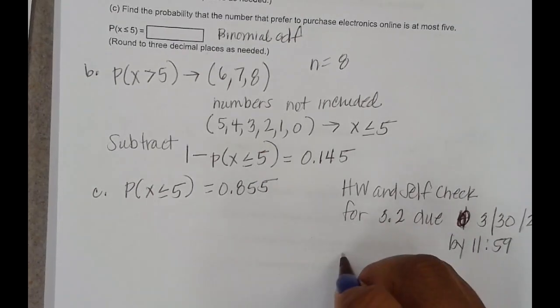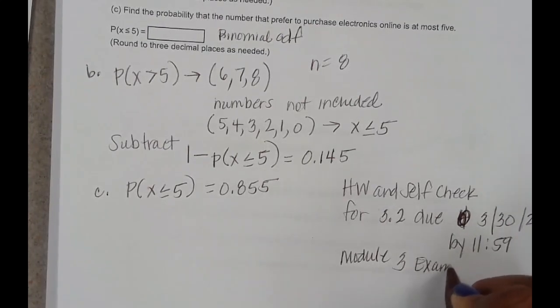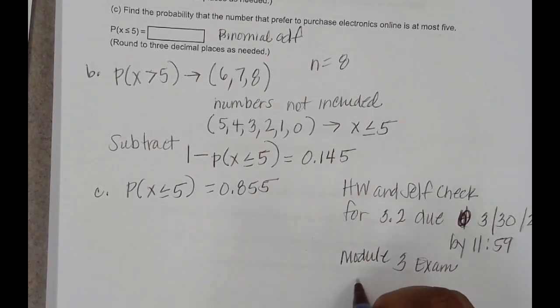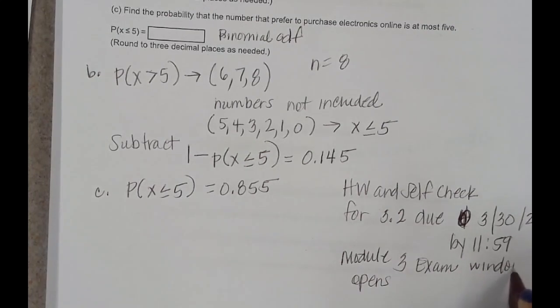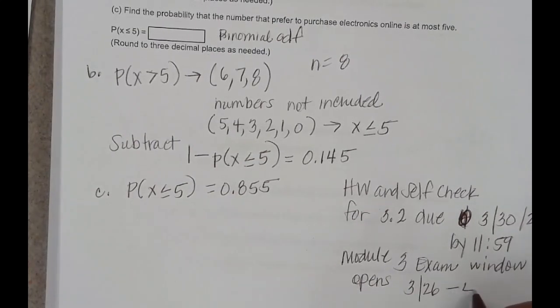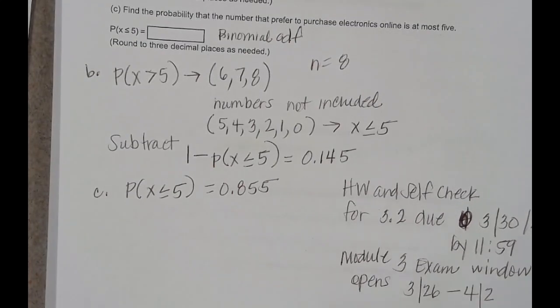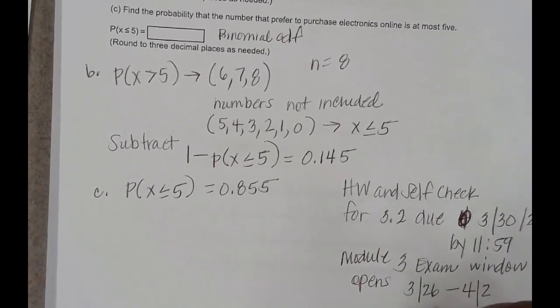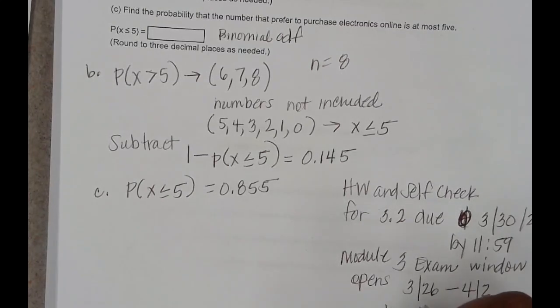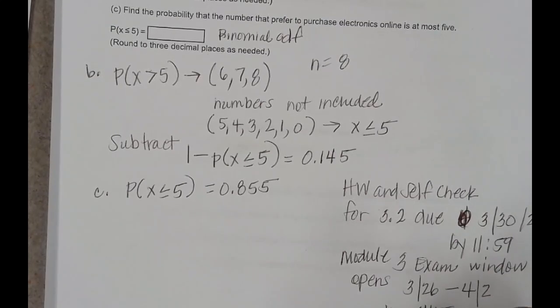Remember, the module 3 exam opens today. So the window is 3/26 through 4/1. I'll change that to 4/2. I think that's a Saturday. Not by 11:59, not if it's going to be due on Saturday.